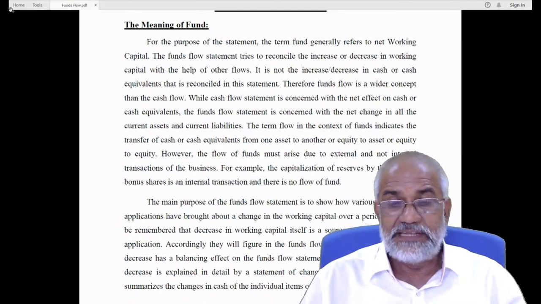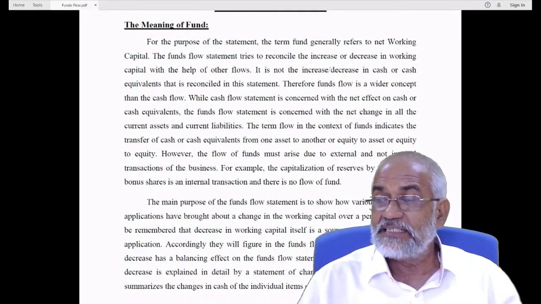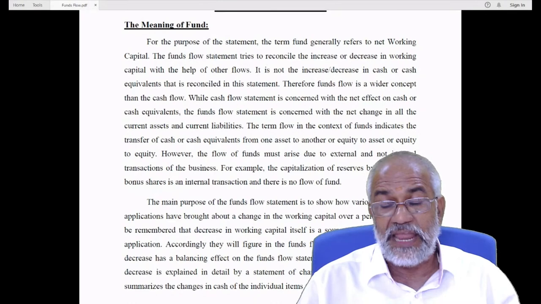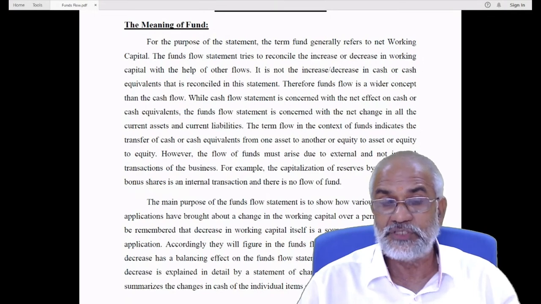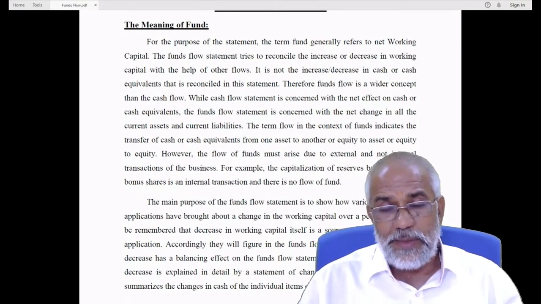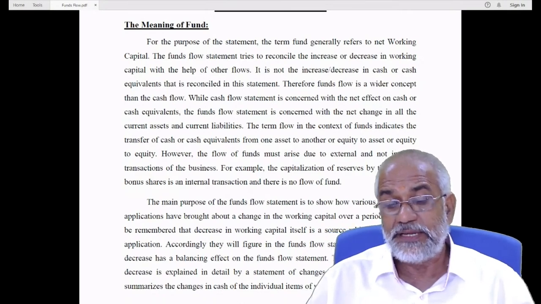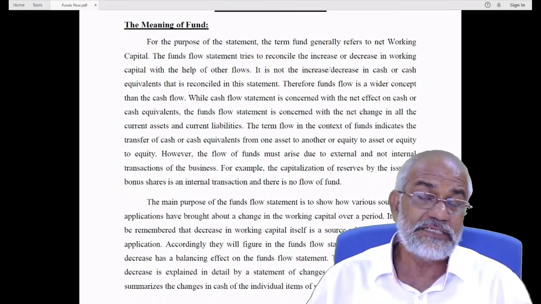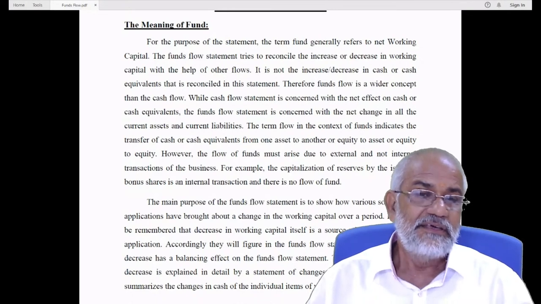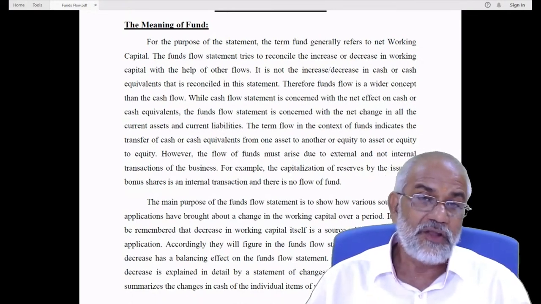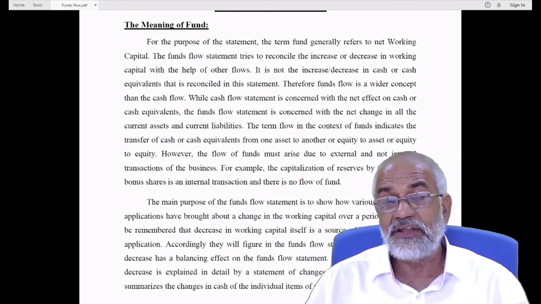As we have seen, it is an additional statement. It is not like the profit and loss account or the profitability statement or the balance sheet or the statement of financial position. We prepare the profit and loss account, or profit and loss statement, or the income statement in order to determine the operating result of the organization, whether net profit or net loss, whether the organization has earned net profit or sustained net loss.